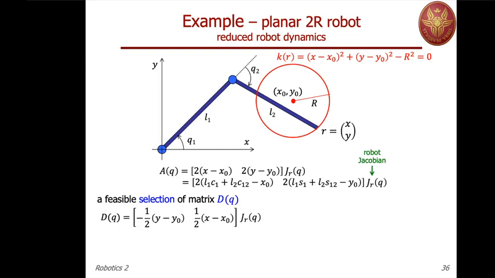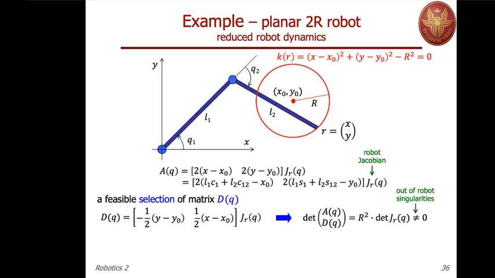The remaining part, if you look at the first expression of A(q), is such that the determinant of the square 2 by 2 matrix A(q) and D(q) is in fact r squared, which is always different from 0, times the determinant of the Jacobian of the robot.